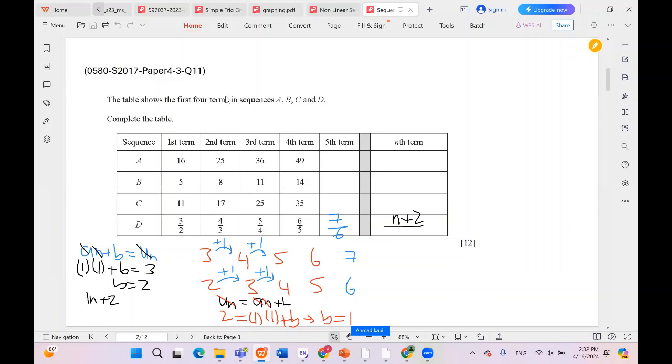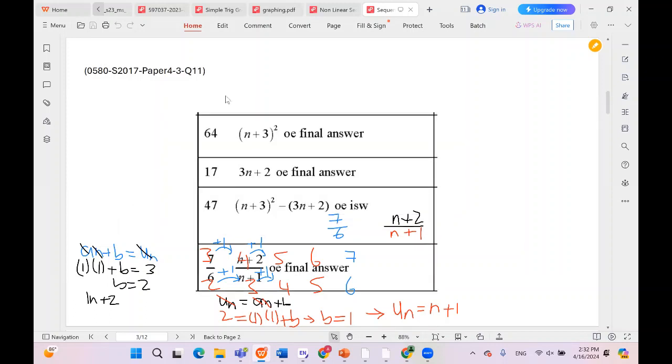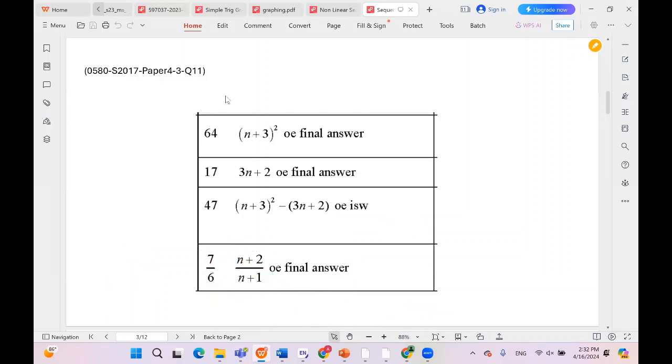So therefore, the sequence here is un equals n plus 1. So we have in the denominator n plus 1. And if you plug 5 instead of n in this expression, you get 7/6. So we know that we are on the right track. So 7/6 is correct, and n plus 2 over n plus 1 is correct as well.